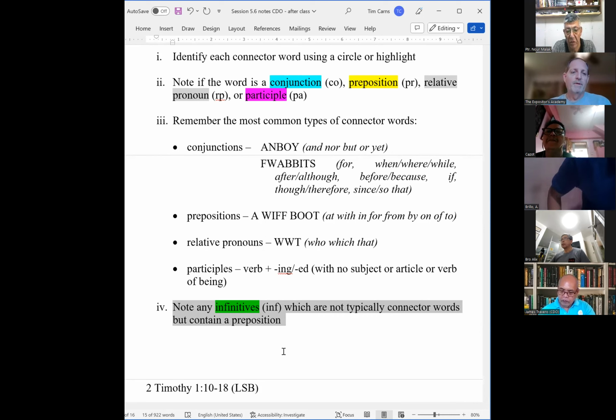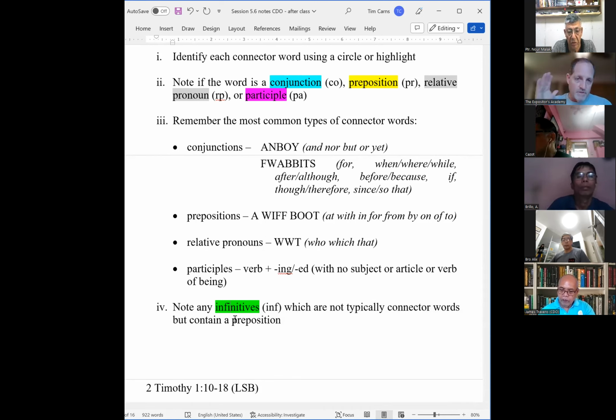And again, remember, an infinitive is the word to plus a verb. So when you see the word to, look to find the word that follows it. If it's a noun, then you've got a preposition, a connector word. But if it's a verb, to plus a verb, you've got an infinitive, which is probably not a connector word. So you want to be able to take note of that.